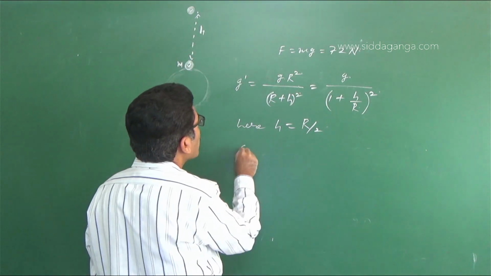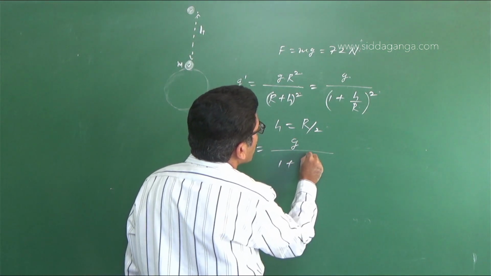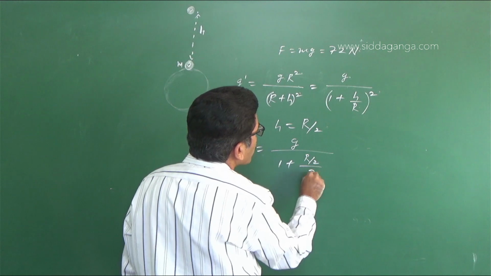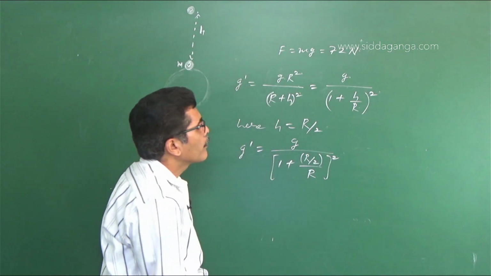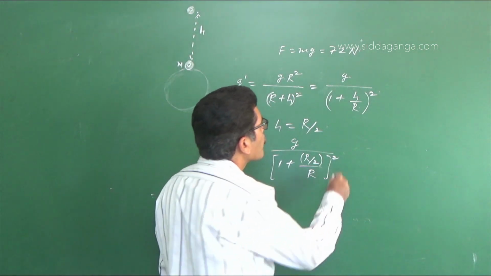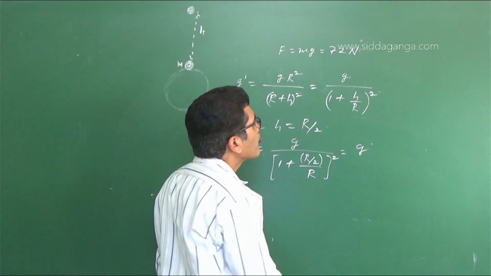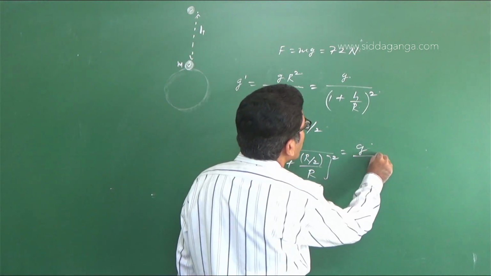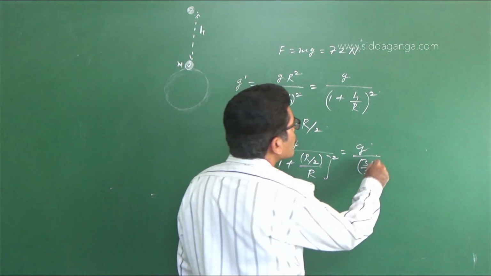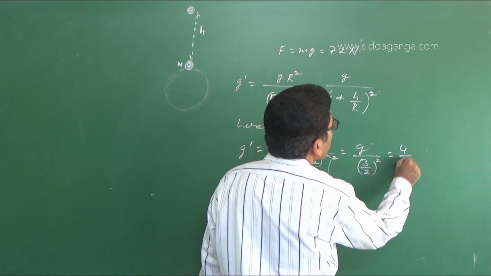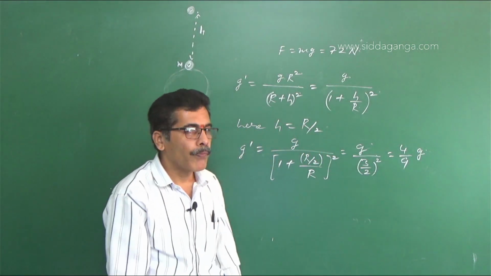Therefore, g dash comes out to be g divided by 1 plus R by 2 by R whole square. This becomes g into 1 by 2 plus 1, which is 3 by 2, 3 by 2 whole square, that is, 4 by 9 times g.